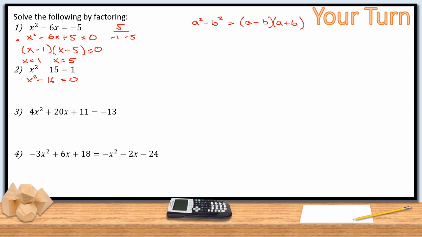So x squared is already squared. 16 is a square number. Remember, 16 is the same as 4 squared. So we would say our factors are x plus 4 and x minus 4. So that means our solutions are negative 4 and positive 4.